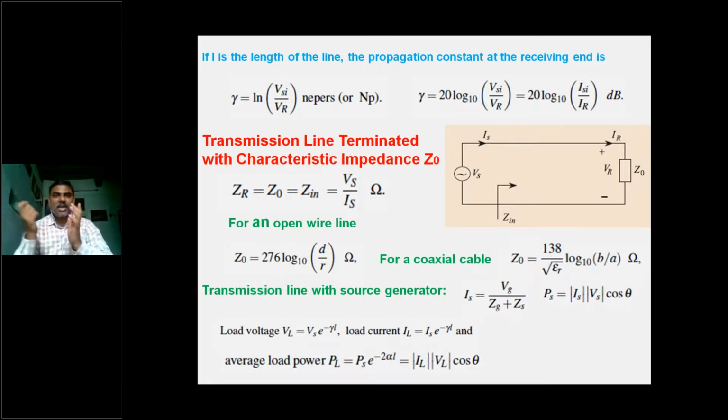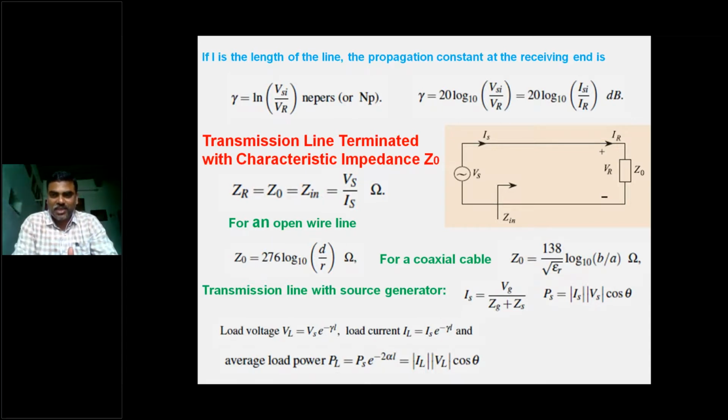Is it clear? So a transmission line of infinite length has the same characteristics if the transmission line is terminated with its characteristic impedance, equivalent to the load impedance. So once it is terminated by its corresponding characteristic impedance, we can call that a matched transmission line.